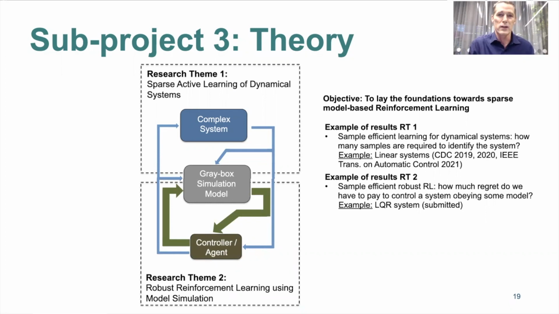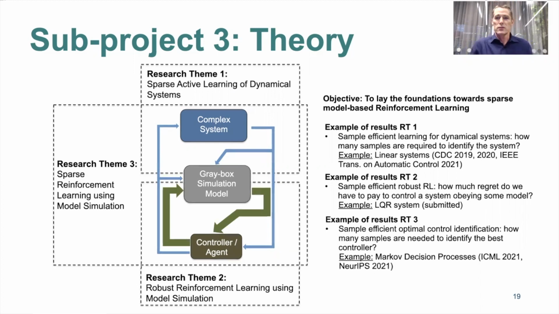And here we try to understand how to learn an optimal control policy, assuming that our model or simulator is actually accurate. The third research theme within this project concerns the system globally and aims at identifying an optimal control policy while minimizing the number of samples of observation taken from the complex system, so with limited data.